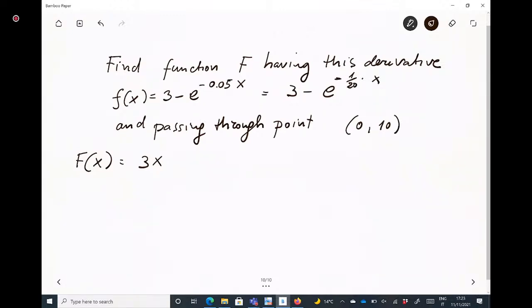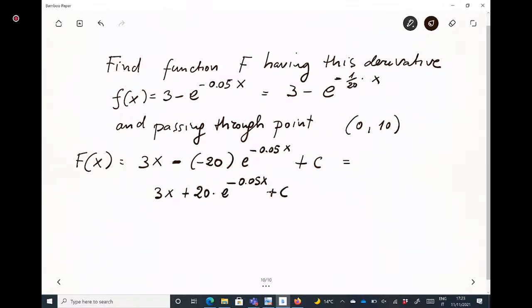So the integral is 3x plus 20 times exponential of minus 0.05x, plus a constant.